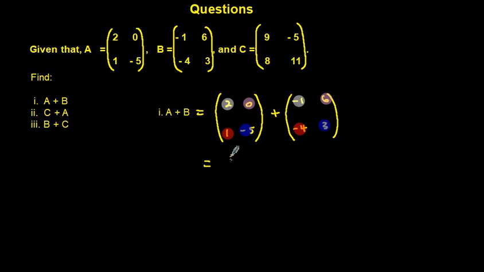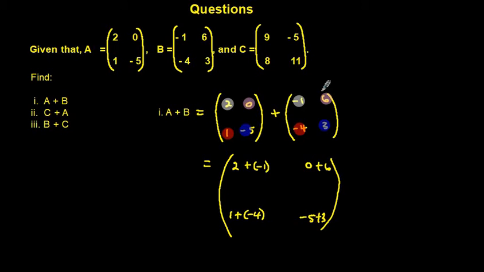So this would be equal to 2 plus negative 1. Remember, we're adding 0 plus 6, 1 plus negative 4, negative 5 plus 3. Alright, negative 5 plus 3 for that last one.